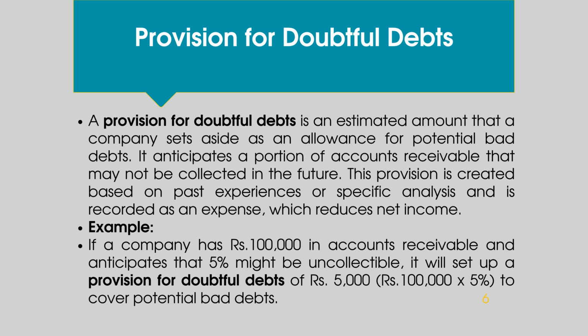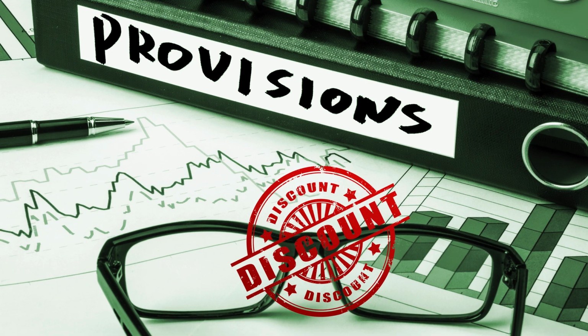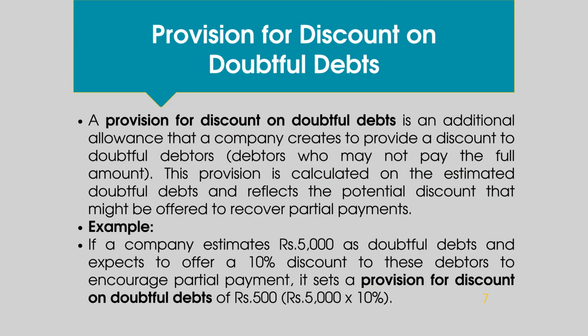Provision for discount on doubtful debts. A provision for discount on doubtful debts is an additional allowance that a company creates to provide a discount to doubtful debtors, that is, debtors who may not pay the full amount. This provision is calculated on the estimated doubtful debts and reflects the potential discount that might be offered to recover partial payments.